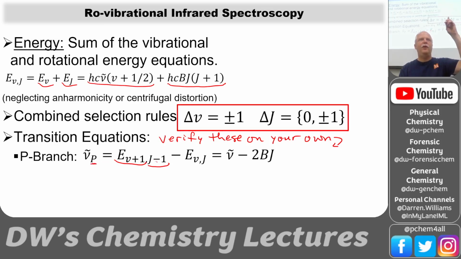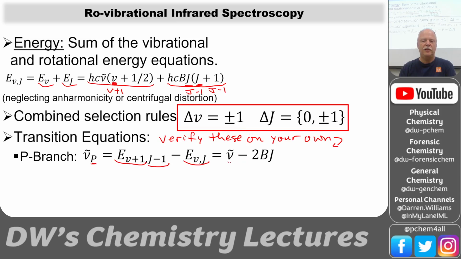We're going up in vibrational state, but down in rotational state, minus the energy equation without making those changes. So wherever there's a V right here, we would put a V plus 1. And wherever there's a J, we'd put in J minus 1 and J minus 1. And then we subtract those same energy terms without making those changes. And then you just do the algebra, and this is what you get out.